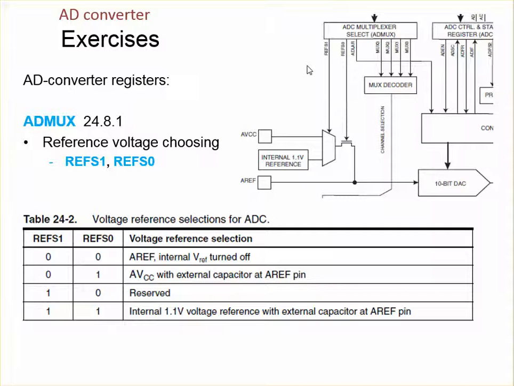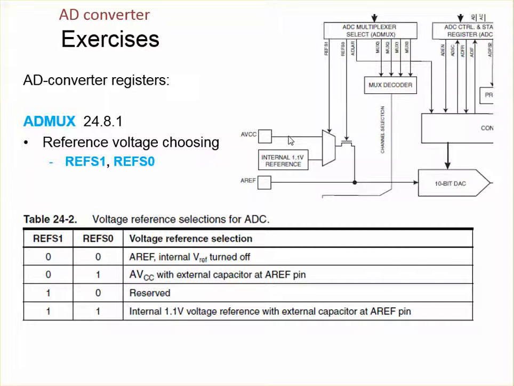The reference voltage is the voltage that is the maximum voltage for the input channel. With this processor there are three possibilities for the reference voltage. One reference voltage could be this analog supply voltage AVCC, which is usually connected to 5 volts.